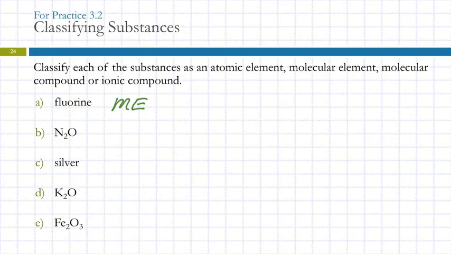So this is a compound. Molecular or ionic, we have to look at what kind of elements those are. They're both nonmetals, right? We identify that from their position on the periodic table. So in order for it to be ionic, there has to be a metal and nonmetals. Here we have 2 nonmetals. So what kind of a compound? Molecular compound.